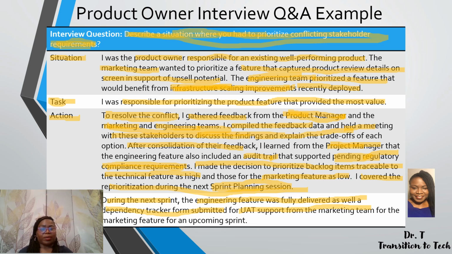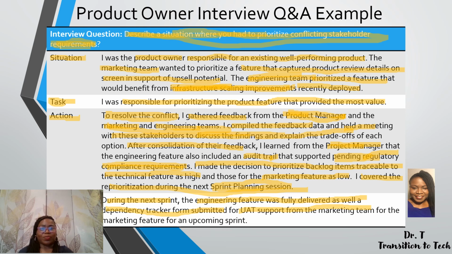You didn't stop there because you knew that you needed to go back to the team and help them understand what the scope was, what the new priority was, and then you gave them the insight needed to create their user stories, perform the work, while also thinking ahead and putting that dependency tracker in place so that they would identify who on the marketing team could actually come in and test those features once they got them implemented.